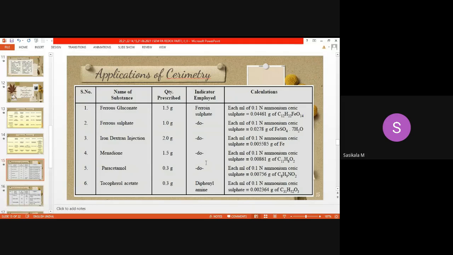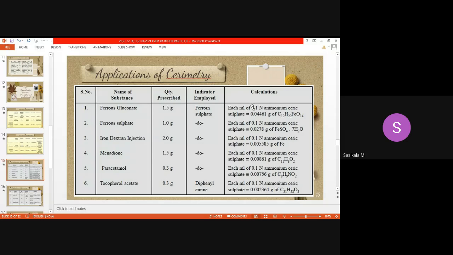Here are some examples as per IP. For cerimetry applications: ferrous gluconate, ferrous sulfate, iron dextran injection, menadione, paracetamol, tocopherol acetate. These samples can all be assayed using ferric ammonium sulfate as titrant.